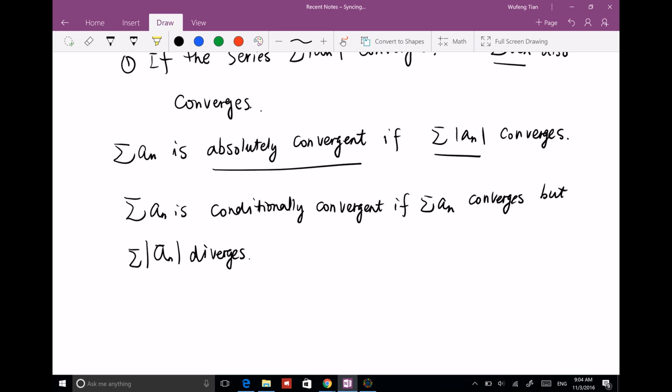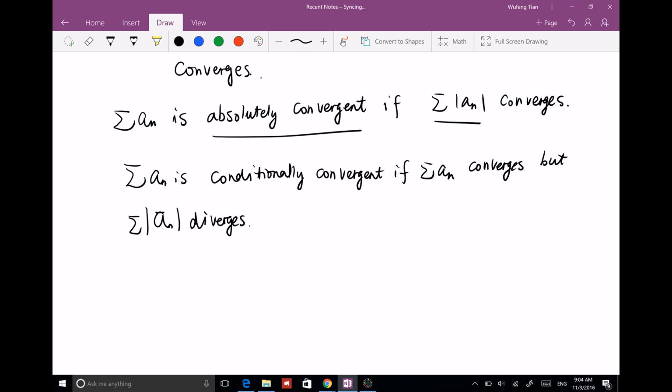We have an example. For example, when you have (-1)^n times 1 over n. This alternating series itself converges, because it's an alternating series, 1 over n goes to 0 as n goes to infinity, and also 1 over n+1 is less than 1 over n.